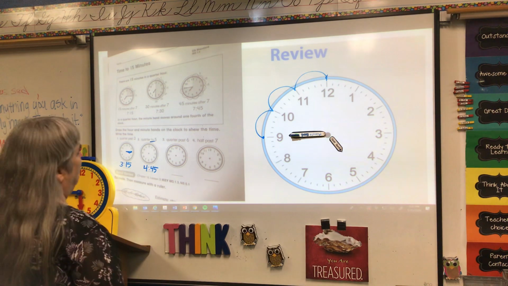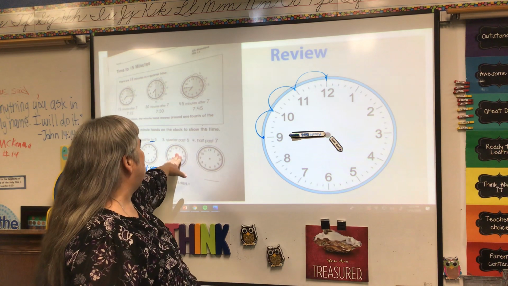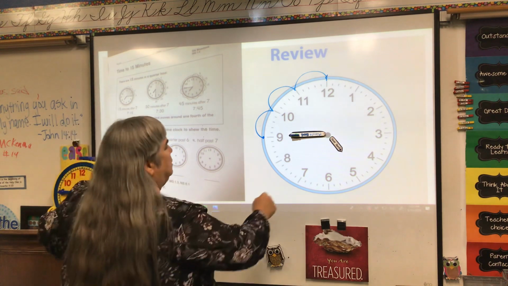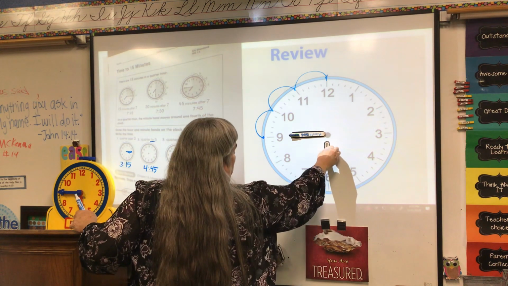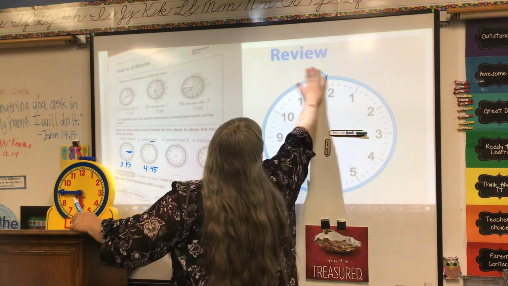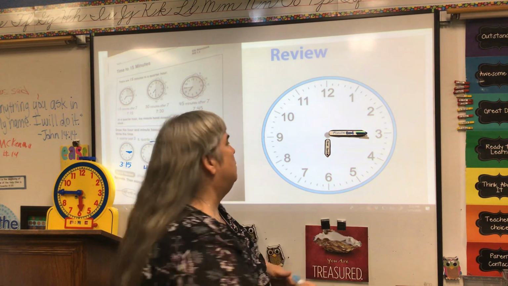Okay. We're going to do this one, 6:15, and then we're going to move on. So if it was 6 o'clock, and then it was 1/4, I'm going to remember that 15 minutes is 1/4.